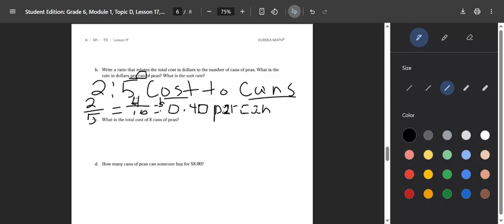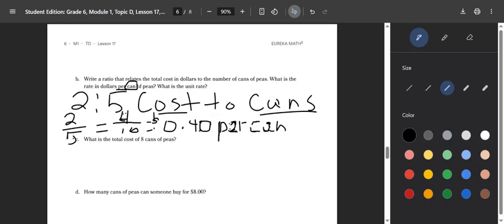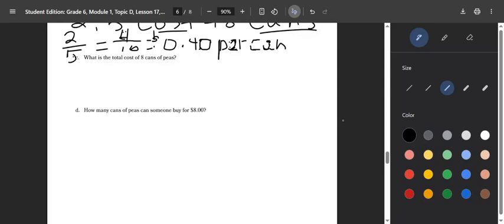$0.40 per can. So then the total cost of 8 cans is going to be your 40 cents times 8. You may use a calculator on this one.